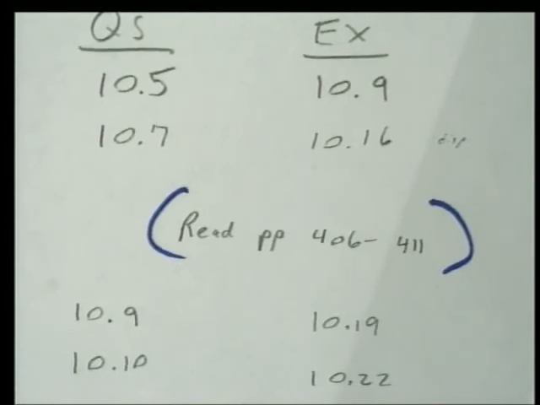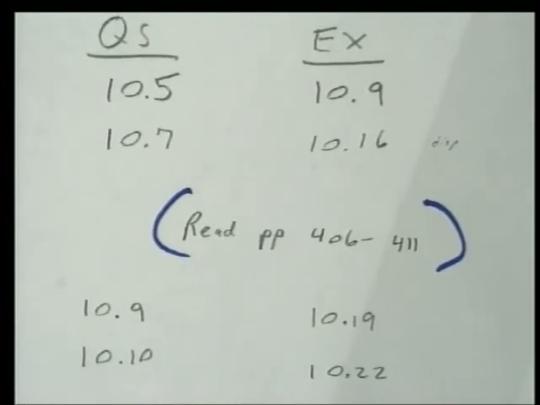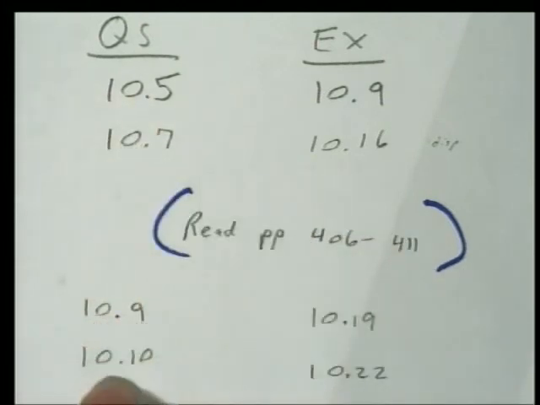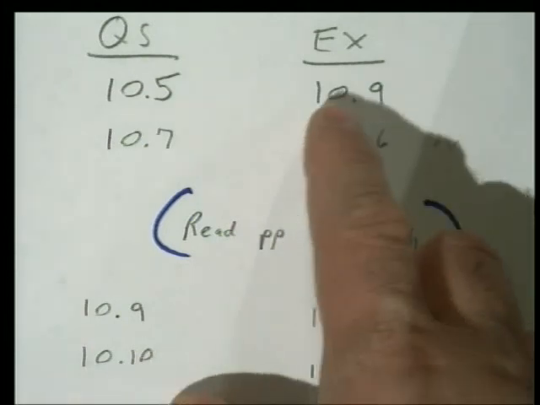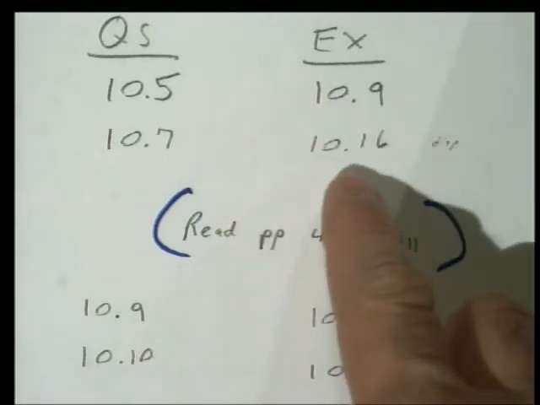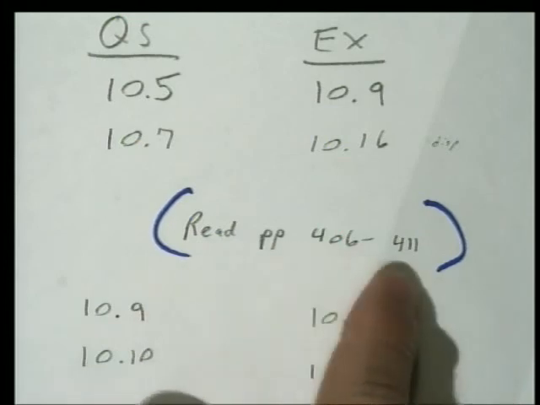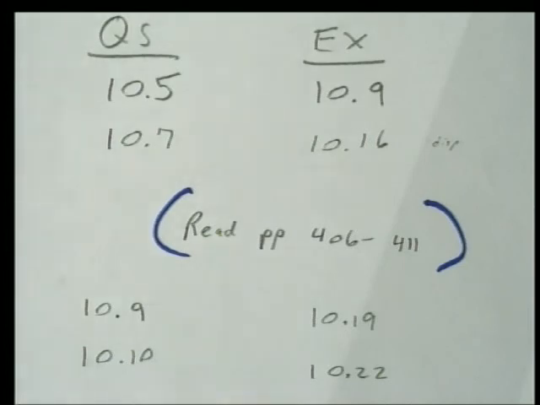Yeah. All right. I want you to do quick studies 10.5, 10.7, 10.9, and 10.10. Exercises 10.9, 10.16, 10.19, and 10.22. You also need to read those last 5 pages we've covered in your textbook, page 406 through 411. So that is your homework assignment for next time.